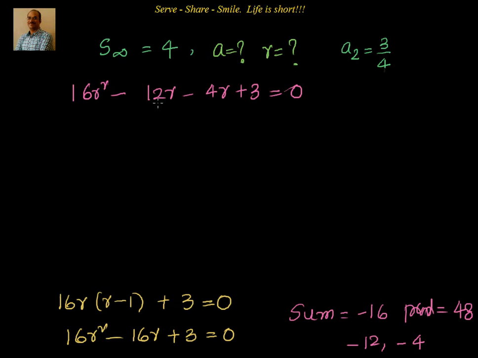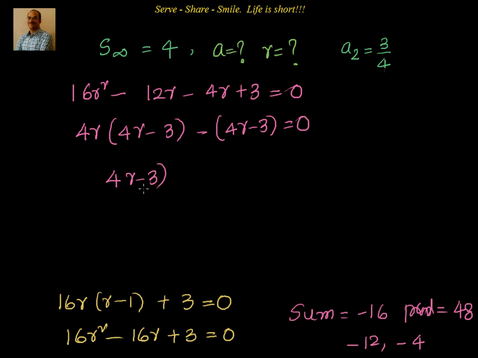Now can I take 4R common in the first two terms? It is 4R into 4R minus 3 minus of 4R minus 3 equal to 0. Can I say 4R minus 3 into 4R minus 1 is equal to 0.